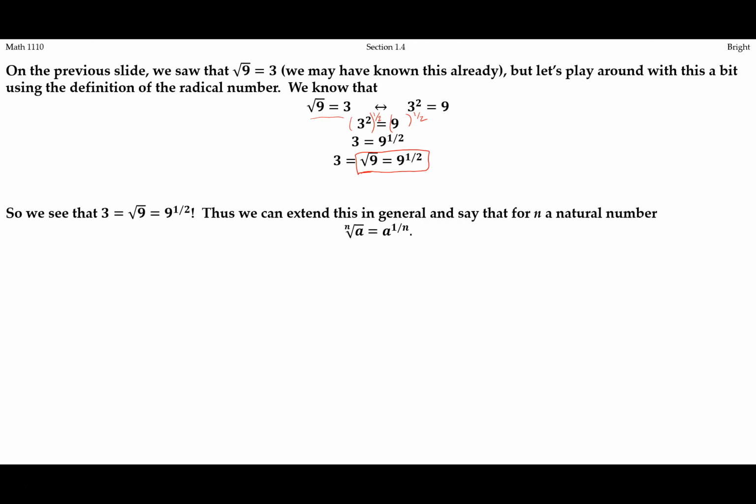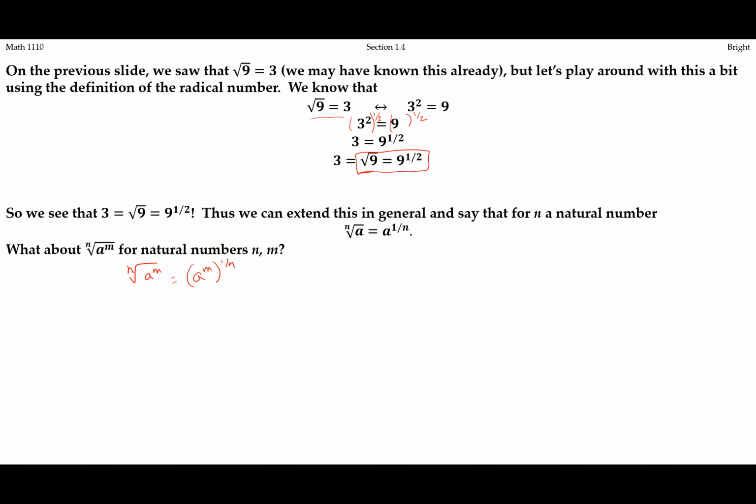Now, this is a little interesting because in our previous problems, we saw that we don't have just a. We have something like a to the power of m. So what does that say? Well, let's think about this a little bit. We have the nth root of a to the m, and then this is a to the m to the 1 over n power.